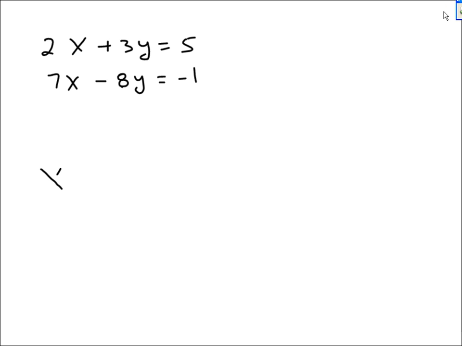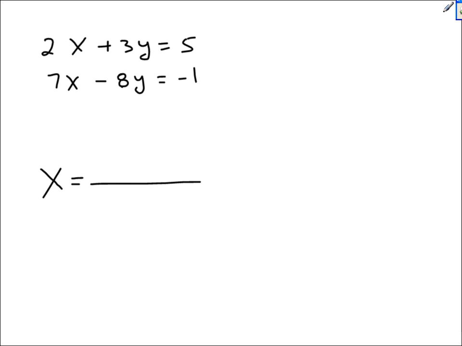Now we're going to solve a system of equations using Cramer's rule, which uses determinants. If you have 2x plus 3y equals 5, and 7x minus 8y equals -1, we want to solve for x.